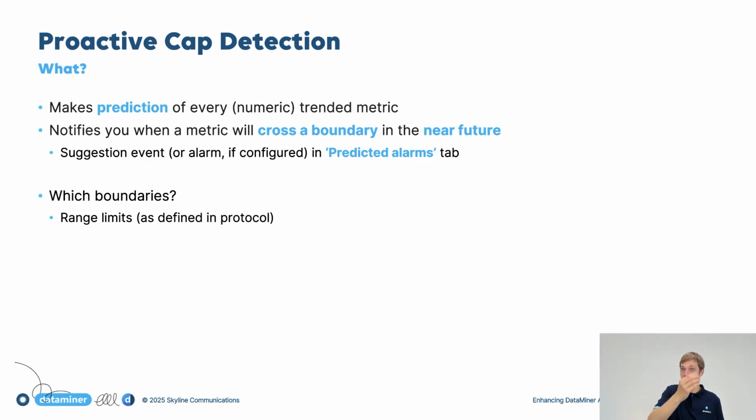Proactive gap detection knows that that is the upper range and notifies you if you're going to hit that upper value of the range. Now, these range limits are nice because you don't have to configure them, but they aren't always completely up to the task.